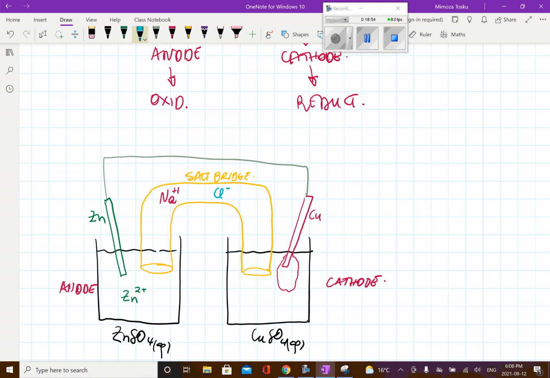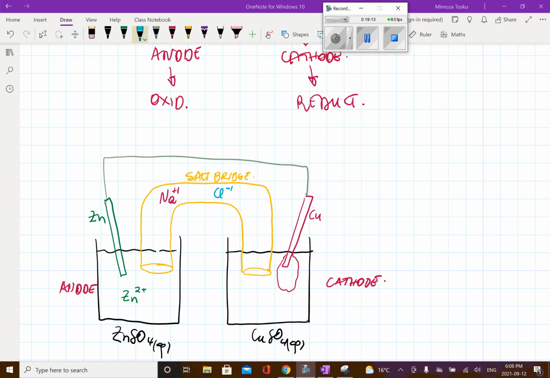What will happen now is those ions will move to where they are needed. But where are they needed? Where is a positive charge needed?